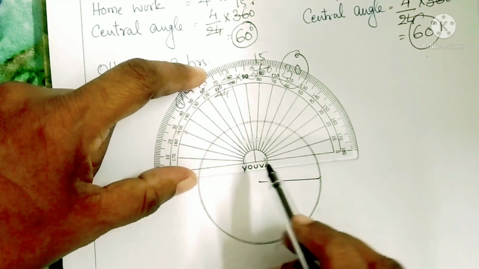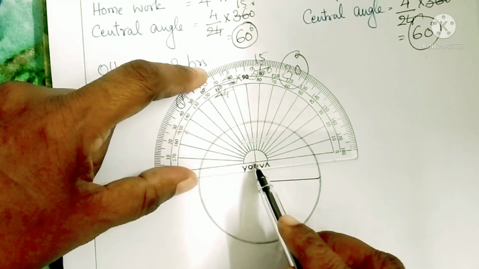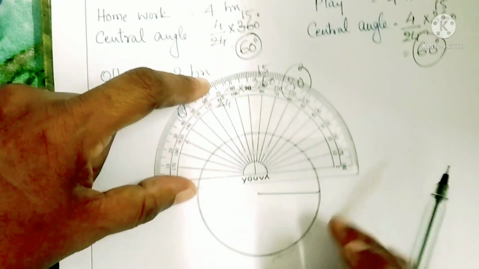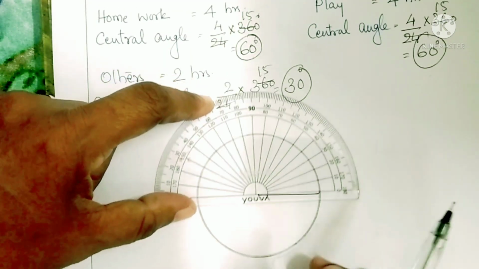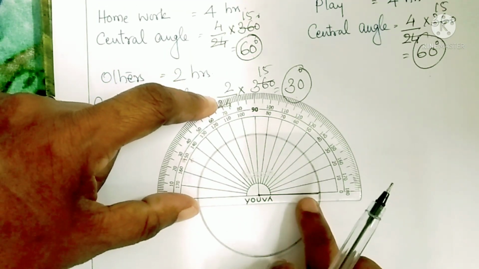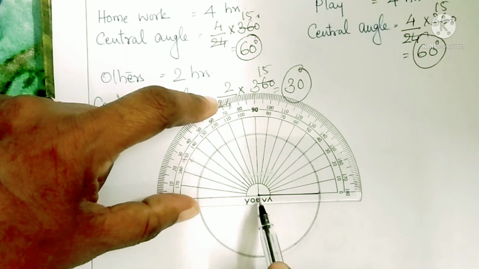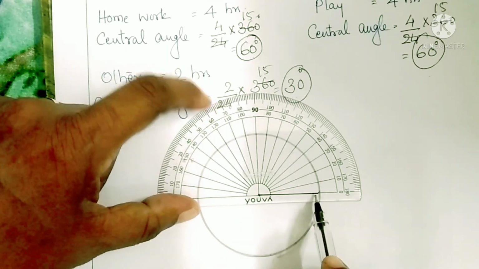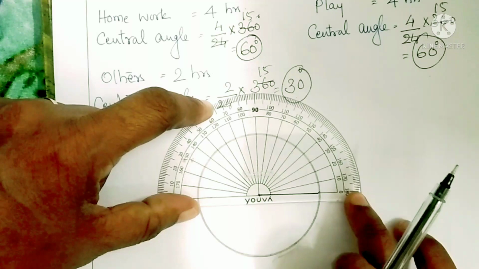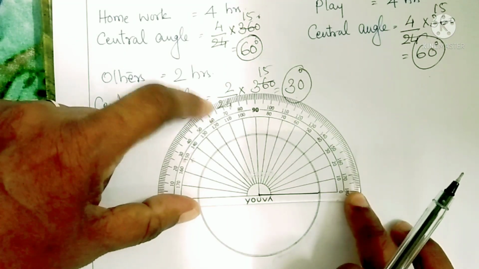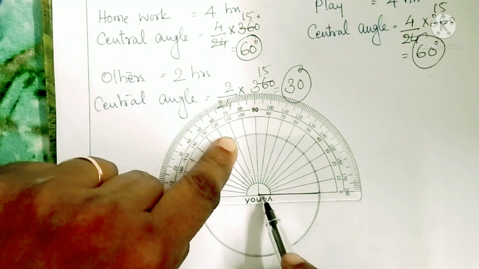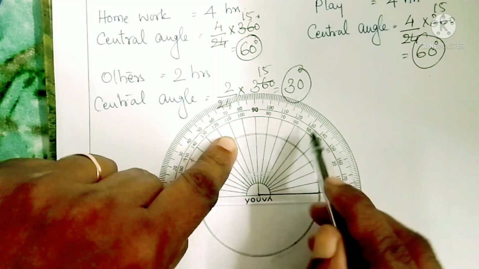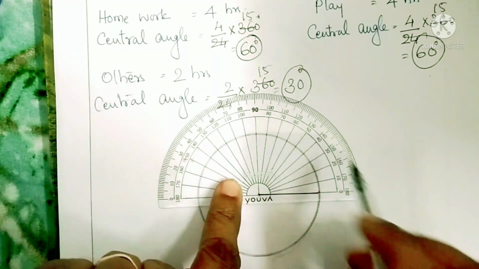Now see, this point is called the center point. That point should be on the center, and the baseline should be along the radius you have drawn. So when you look from here, you should be able to see only one line. Now where is the line? Toward this side. So from here you count, the first angle is 120.